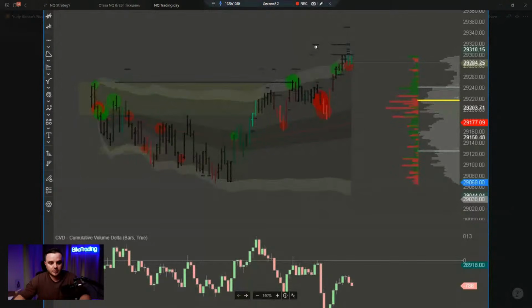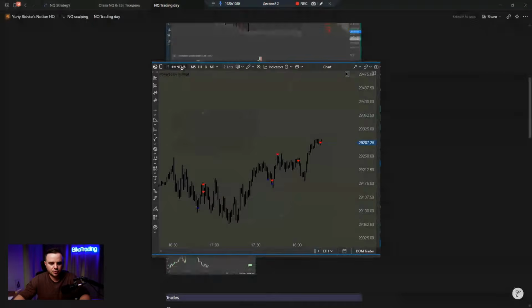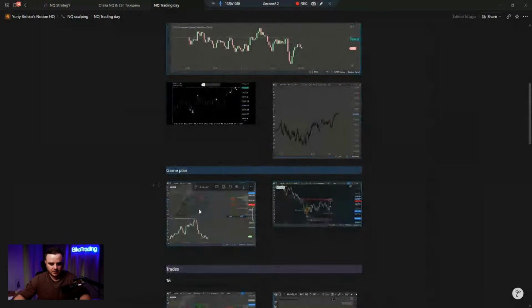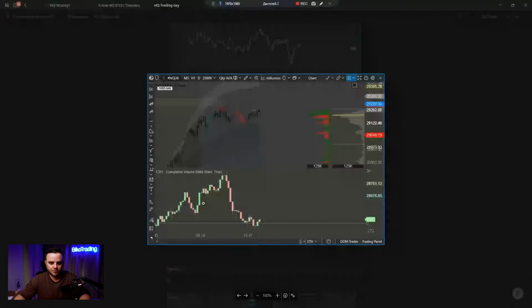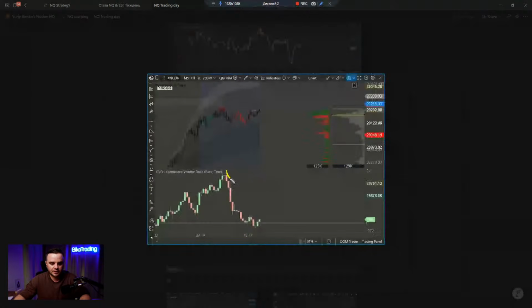my first trade was here. If you remember, my first execution in that trading day was exactly here. It is a micro contract. What was the reason why I took a trade? Because there was a delta drop of nearly 1,000, and price took the initial balance low. Additionally, at that moment, it was a bullish structure, because you can see before opening we had a significant delta drop, which did not succeed.